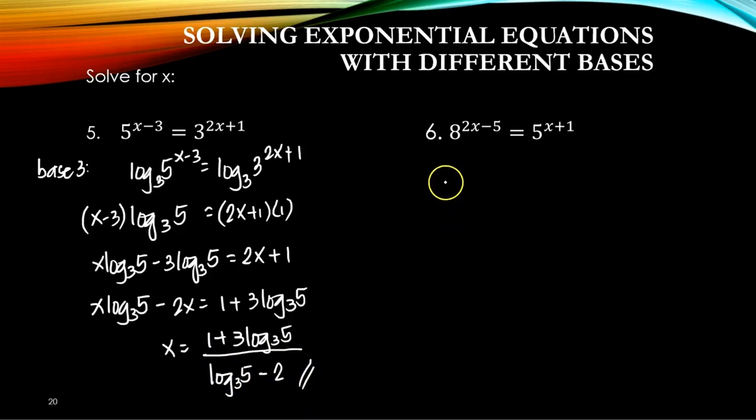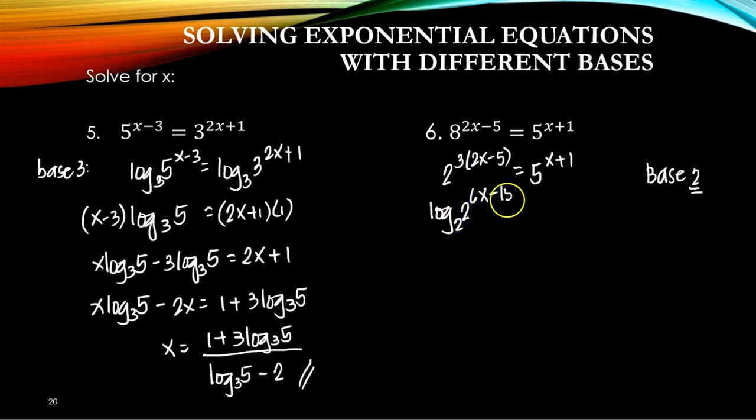Let's go to the last example. Here, if you want to retain the 8 as is or you want to make it prime, it's up to you. So if I want to make it prime, so 2 raised to the third power, 2x minus 5 is equal to 5 raised to x plus 1. So if I want to have base 2, for example, logarithm base 2 of 2, this becomes 6x minus 15 is equal to logarithm base 2 of 5 raised to x plus 1.